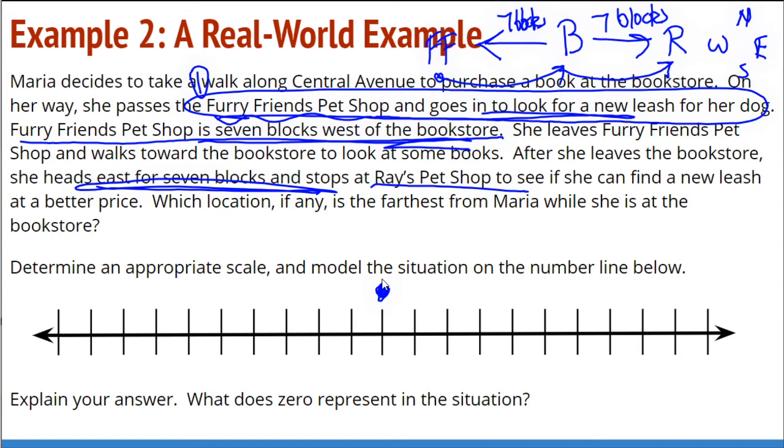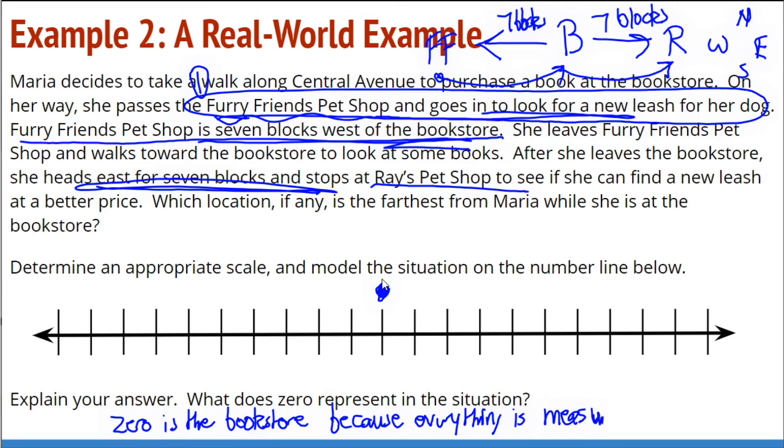Well, we're counting everything from the bookstore. 0 is the bookstore, because everything is counted from the bookstore. And I'm going to use the word measured from the bookstore. So 0 is the bookstore because everything is measured from the bookstore.